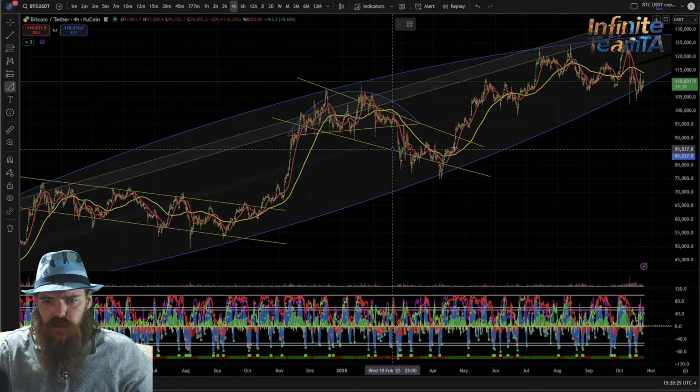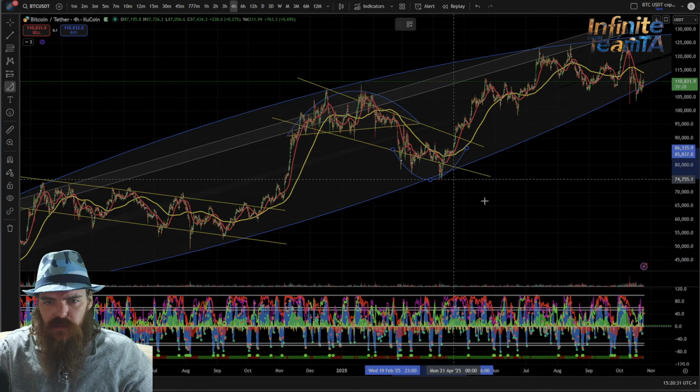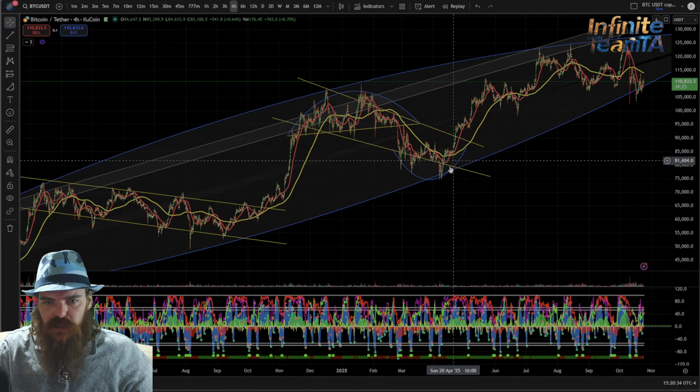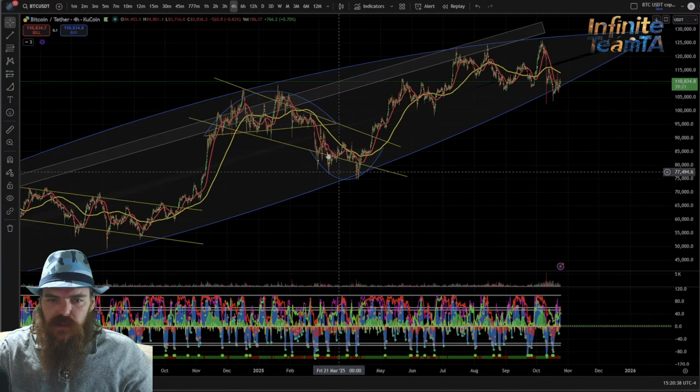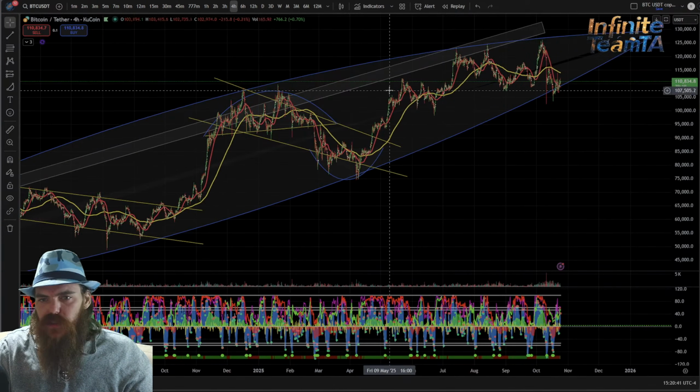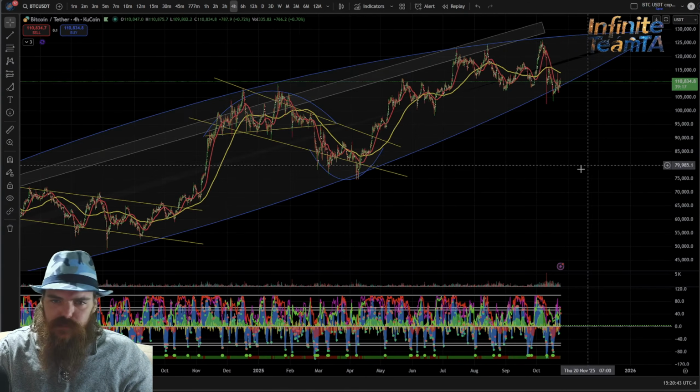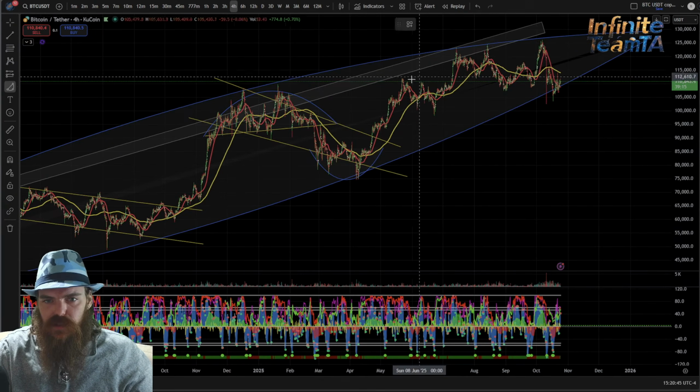And on the reverse of that, if you're seeing something like this form at the bottom of a falling wedge, that's when you're going to become bullish. That's when you're going to change your idea. And then you're going to consolidate again.